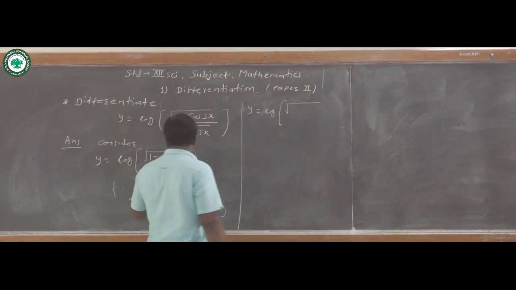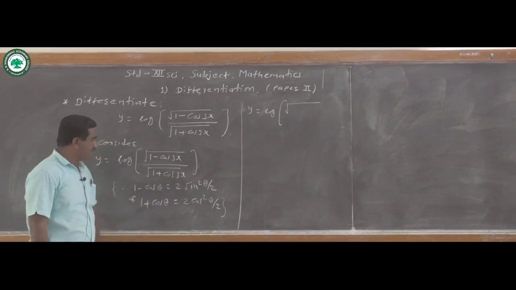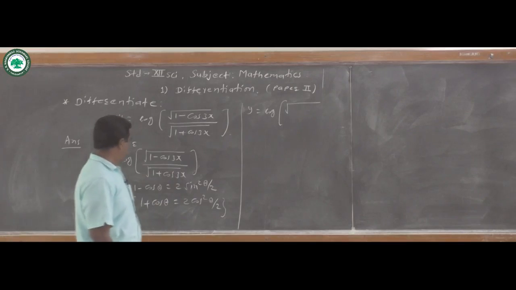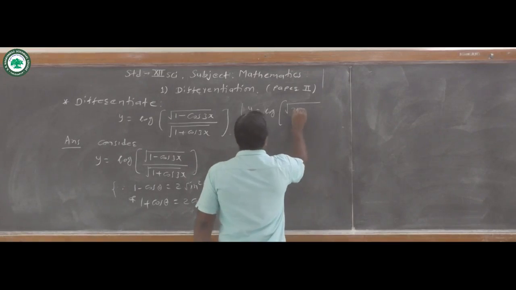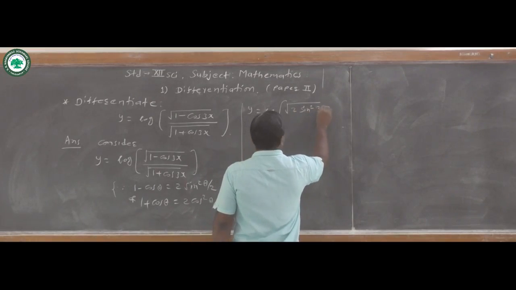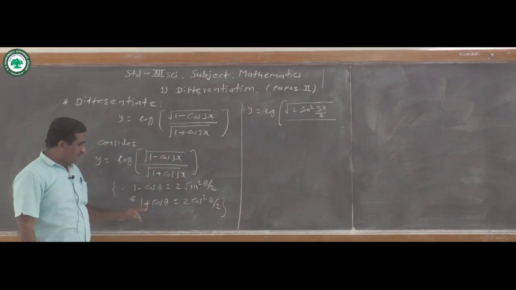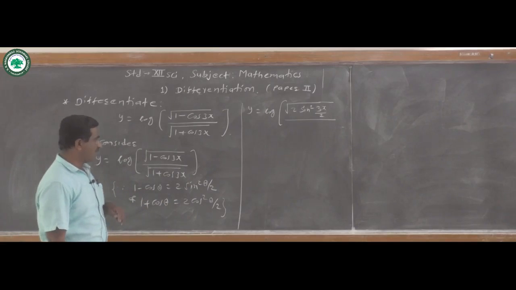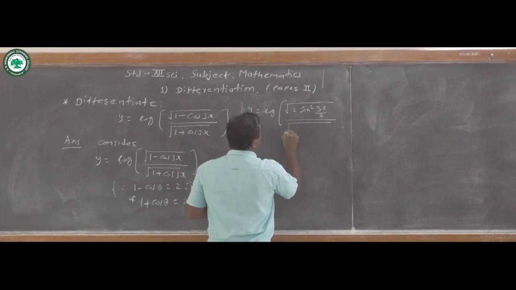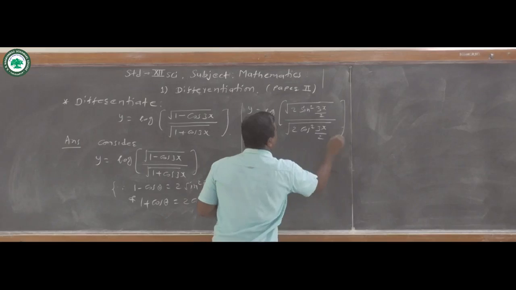under root 1 minus cos 3x is equal to 2 sin square 3x upon 2, divided by 1 plus cos 3x, which by using this formula we get 2 into cos square of 3x upon 2.